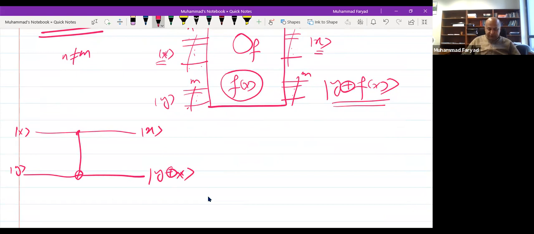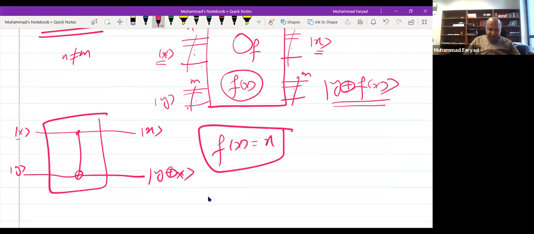So this actually implements a function. If you think of this as an oracle, it is the function f of x equal to x, because x is being XORed with y. And we can then build more complicated f of x with a combination of these control X gates.